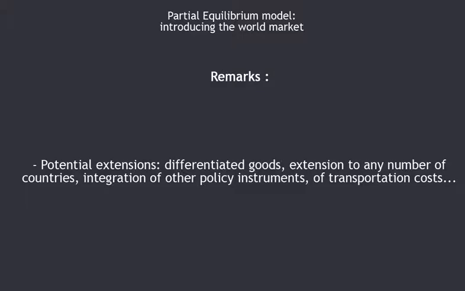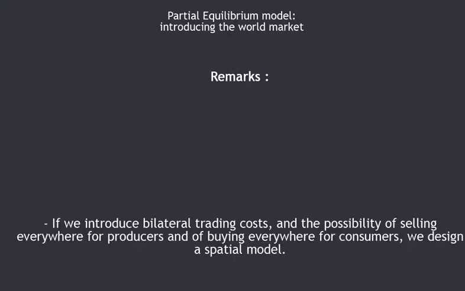Even if in this configuration, transportation costs would be a little weird because, in fact, we have transportation from the world market to a country or from a country to the world market. So it's better if we want to have some transportation costs to introduce a different structure of the program.